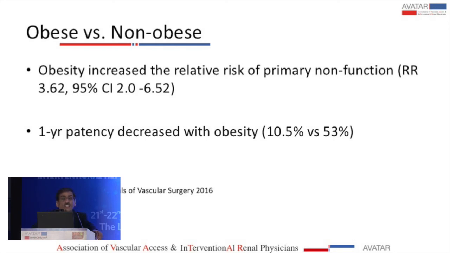And clearly, obesity was a much higher risk. The 1 year patency was only 10% compared to non-obese patients, where one year patency is about 53% in this study group. So again, the HeRO device as a primary access in patients who were obese is really not the right access that one should pursue.